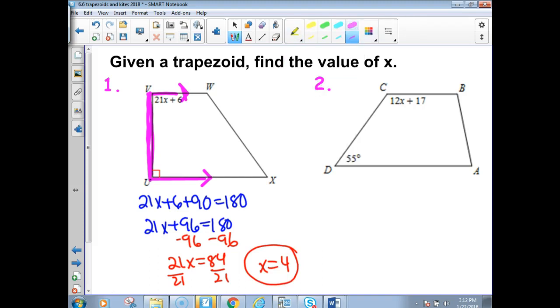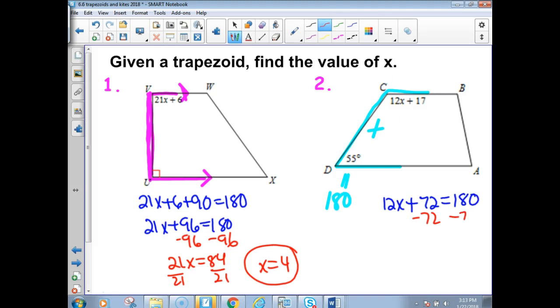All right, so what's our equation for number 2? The same exact idea. Those two add up to 180. Okay. All right, so I got 12x plus, what's 55 plus 17? 72 equals 180.